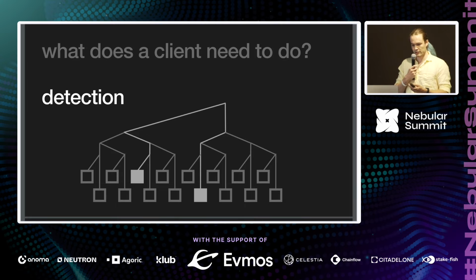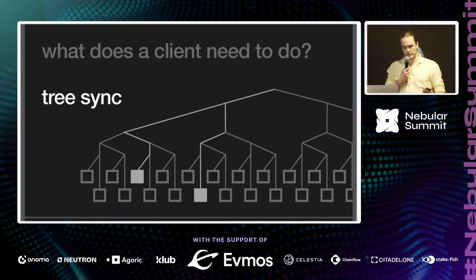As part of that, the client needs to maintain some kind of state that's illustrated here in these gray lines, some kind of authentication paths for how do I convince somebody else that the pieces of state that I know about are actually part of the global accepted chain state. And in order to do that on an ongoing basis, the client also has to keep this big tree in sync with the rest of the network.